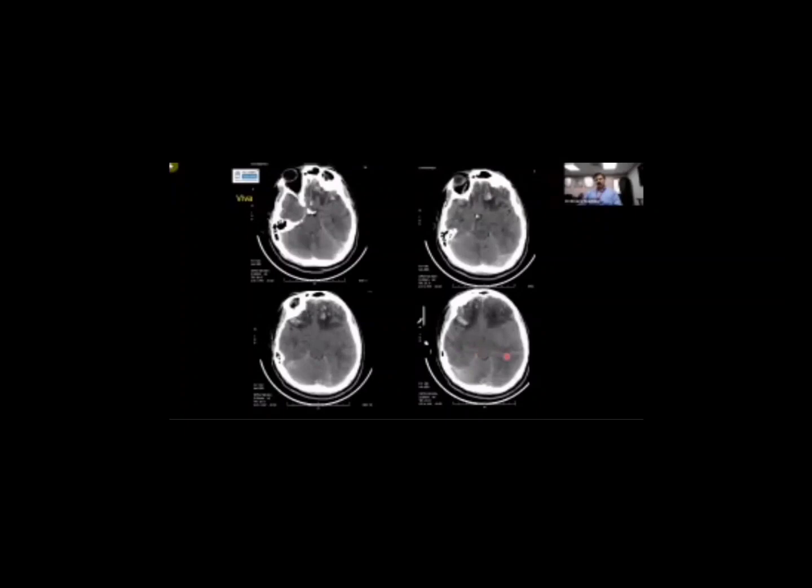Now, what is happening? Of course, you are handicapped because I have not given you all sequences. But the idea here was you picked up very well these findings of subdural. Of course, it's absolutely legitimate to ask for reformats when you pick that up. And there is a lot of edema, and that is why there is herniation, and maybe there is early bilateral herniation, what we call central herniation.